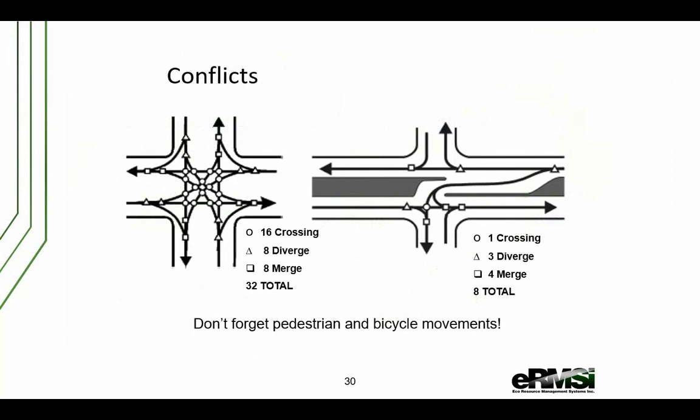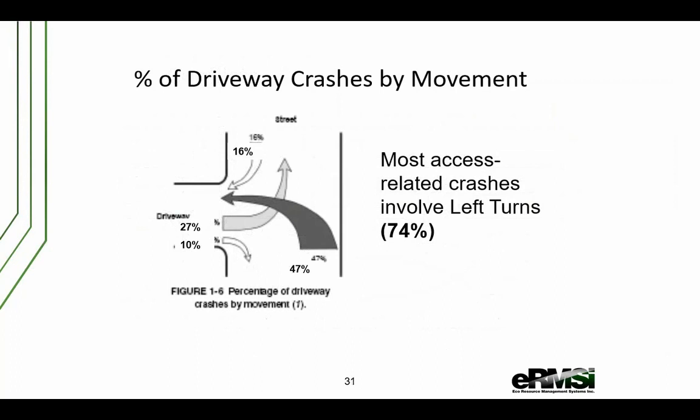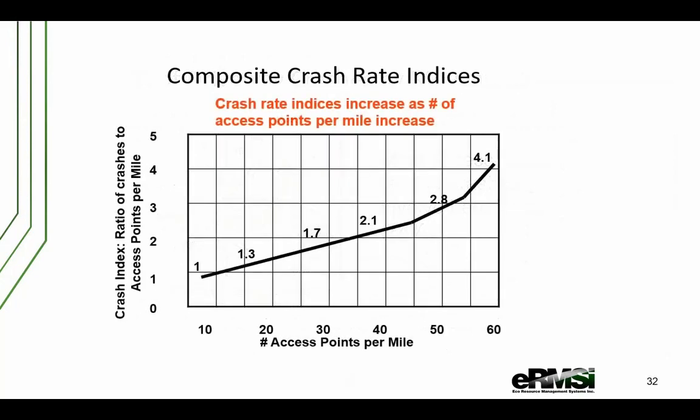We said, let's use that as a strength. Let's educate them a little more, and hand out the handouts that are available through access management, FHWA. We explained the idea of left turns being our major issue on that corridor, and the number of access points, engaging the property owners and letting them know.